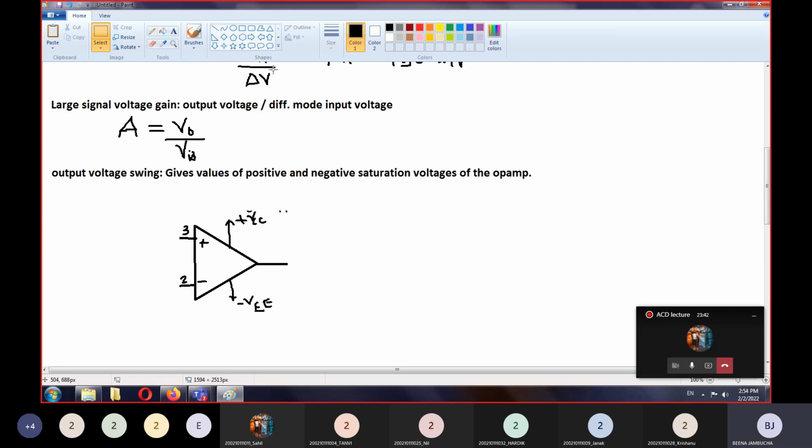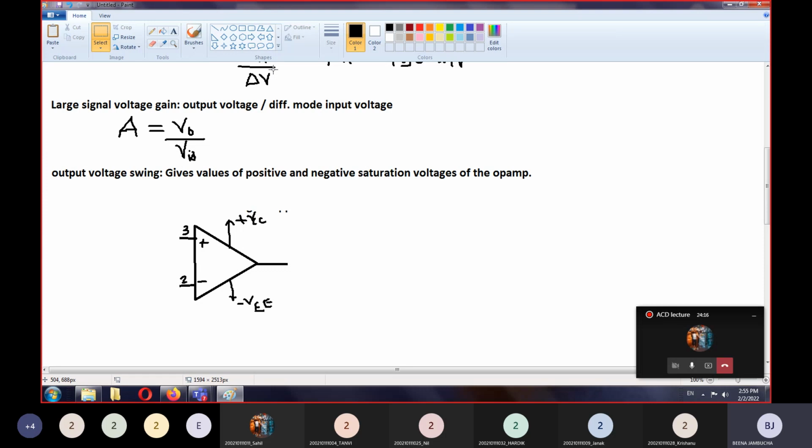If I am providing plus 15 volt as VCC supply, and I am providing 1 volt, and the gain of the op amp is 100, then my output should be 100 volt. If the input is a sinusoidal wave of plus or minus 1 volt, and my supply voltage is 15 volt, theoretically my output should be gain multiplied by input voltage.